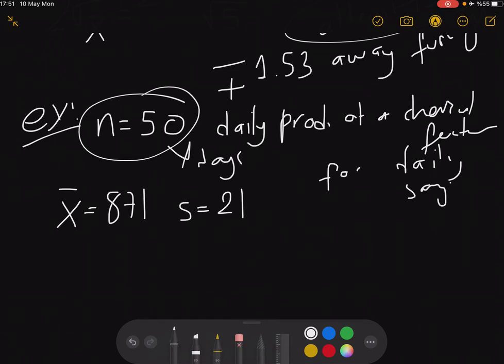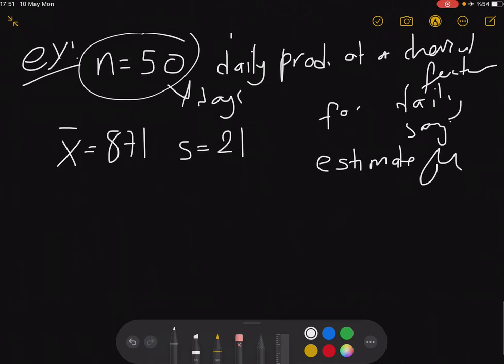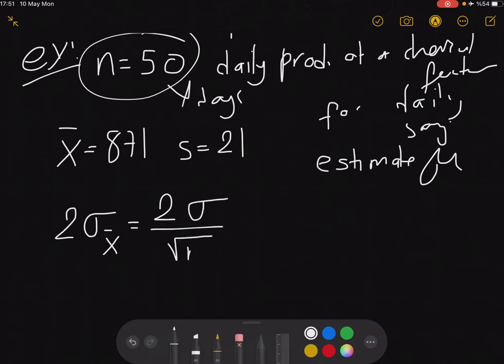So we're trying to estimate mu here. This is a bit different from our six-sided die example, because there we had the mu in fact. But here we don't have the mu. We're trying to estimate the mu, some unknown variable. And our 2 sigma x would be 2 sigma over the square root of n.